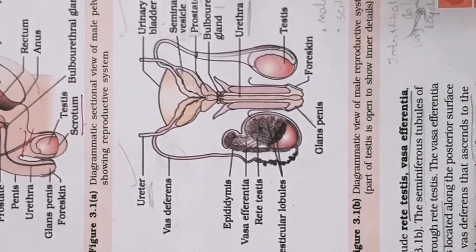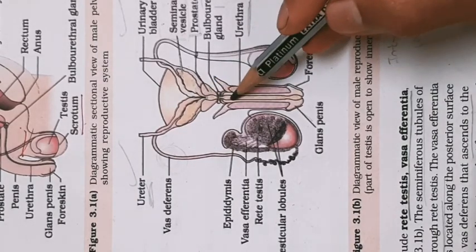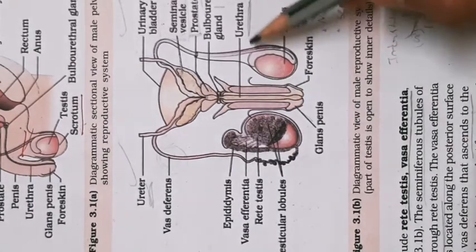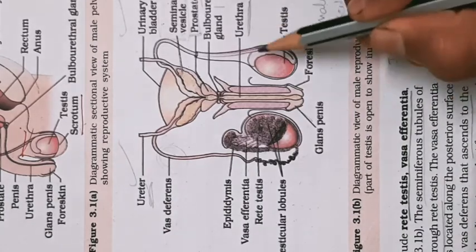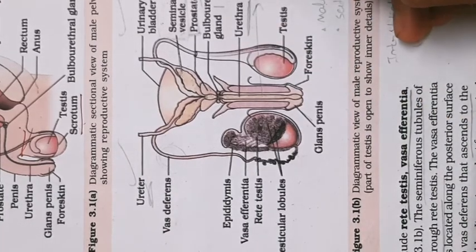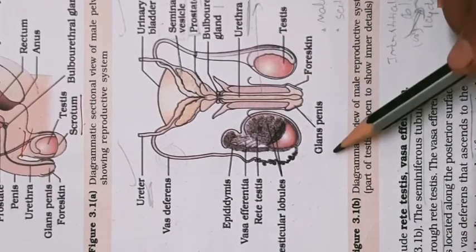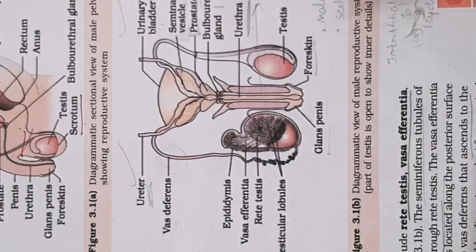Okay, later the urinogenital tract, that is the urethra, passes to a specialized structure called the penis. This structure is called the penis. Then the penis has a swollen structure at the bottom, called the glans penis, which is protected by the loose skin called the foreskin.